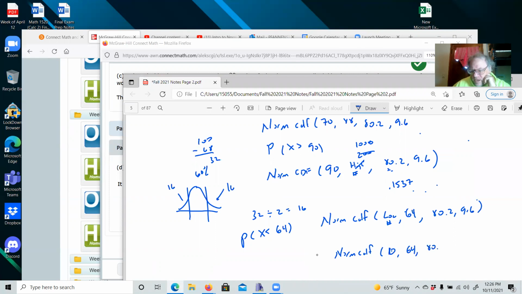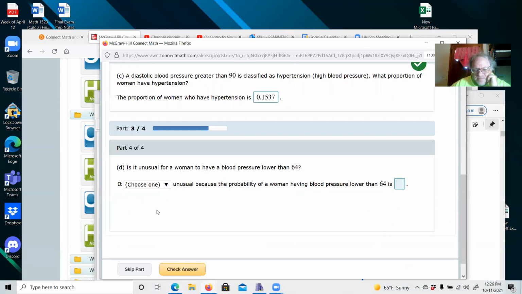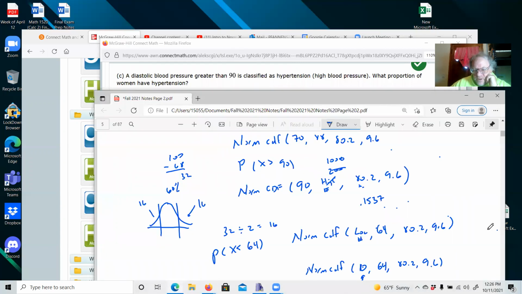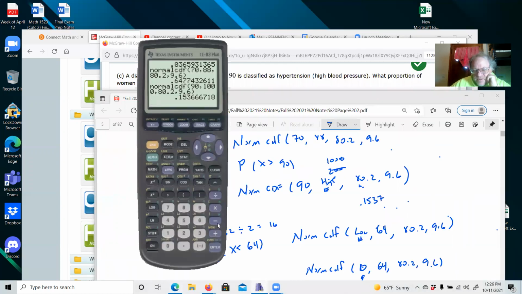64, 80.2, 9.6. Anybody taking Bio 1 knows you're not doing very well if you have a blood pressure of 0, right? Your heart has stopped beating at that point. Okay, we have to type this in and get the answer. So let's plug this in: second function, distribution.